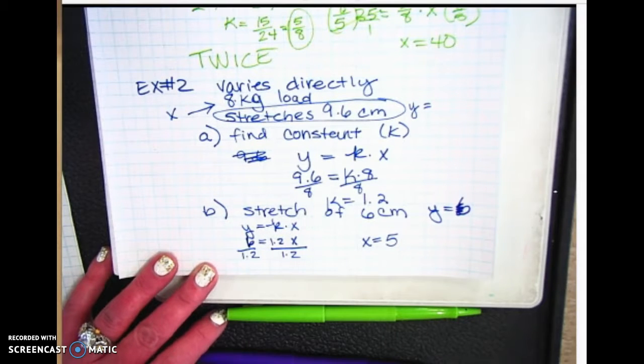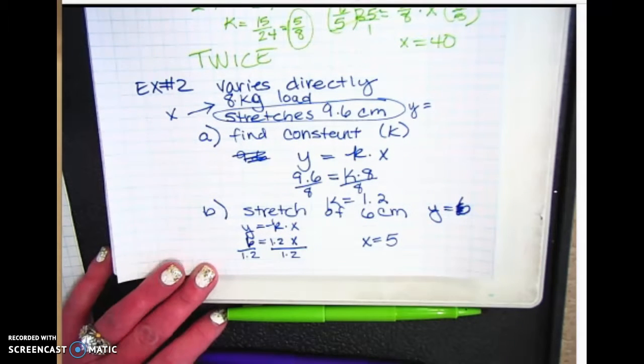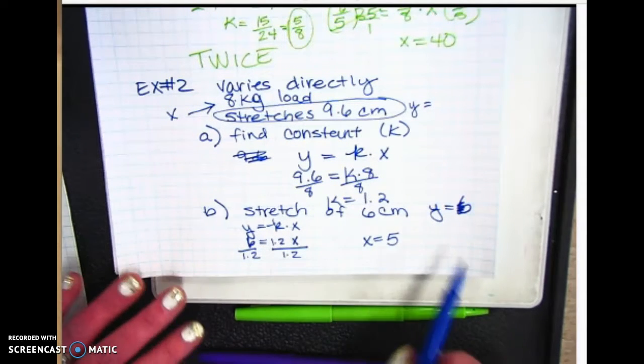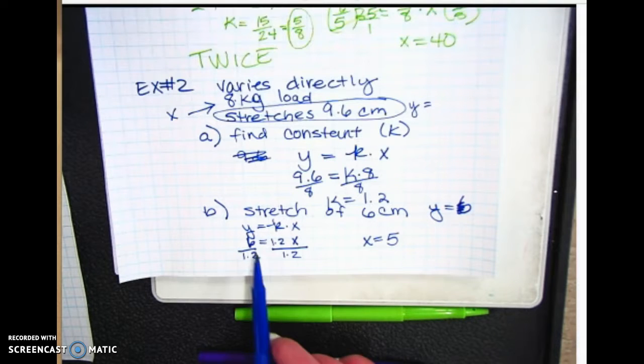Sorry. I don't know where I got that one from. I'll blame it on my eye. It's 6, because 6 divided by 1.2 is 5. All right?